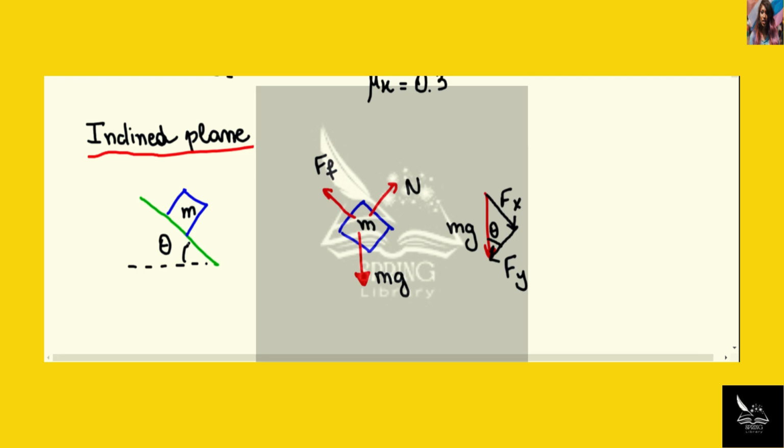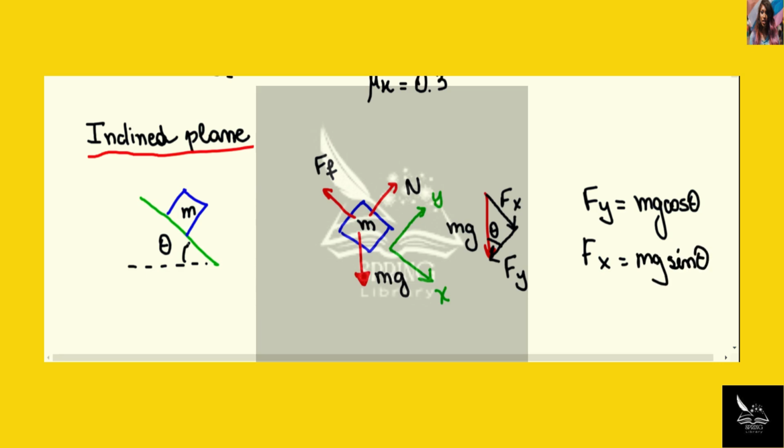Here I've set up a coordinate system such that the y-axis points perpendicularly to the plane and upwards, and the x-axis points down along the plane. So we have that fy is equal to mg cosine of theta, while fx is mg sine of theta.